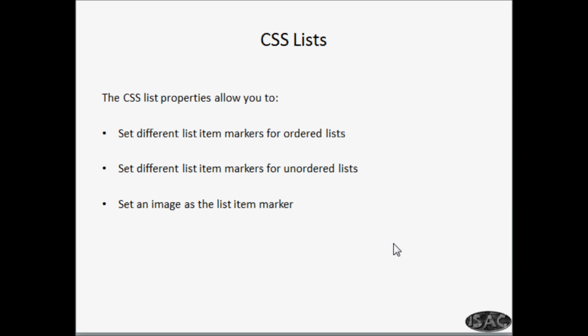The CSS list properties allow you to set different list item markers for ordered lists and different list item markers for unordered lists, right? And we can also use an image.